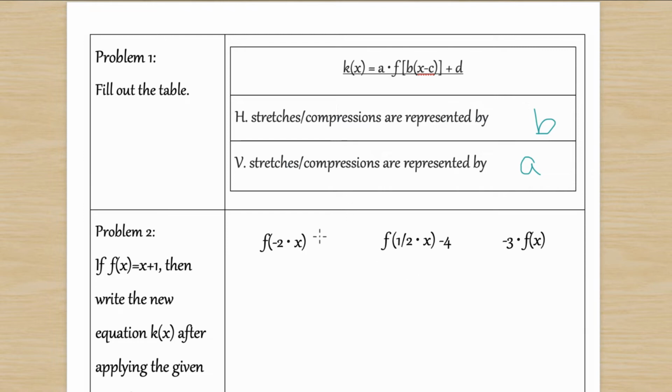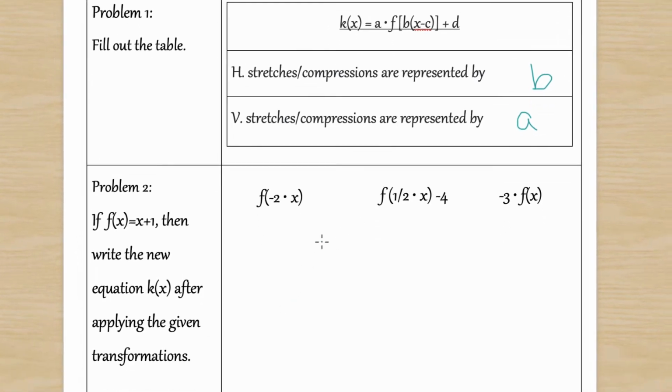Now for our reflections, if there is ever a negative b value, that shows that there is a horizontal reflection. And if there is ever a negative a value, that shows that there is a vertical reflection. So now that we've seen where stretches, compressions, and reflections are in our equation, let's move on to problem 2.